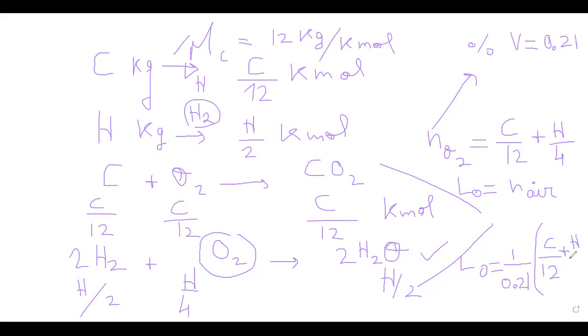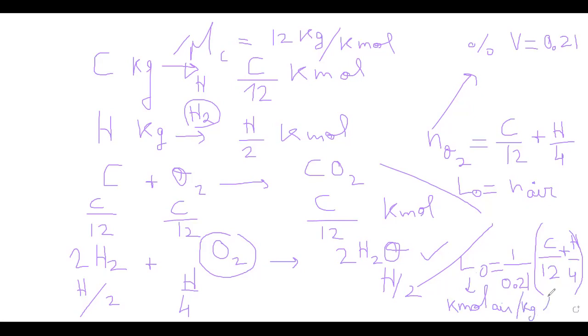Okay, so it's enough for me to give you what is the percentage in mass of carbon and what is the percentage of mass of hydrogen in the fuel. Then you can deduce what is the number of kilomole of air required for 1 kilogram of combustion. And if you want to discuss the unit of L0, the unit of L0 will be kilomole of air per kilogram of fuel.